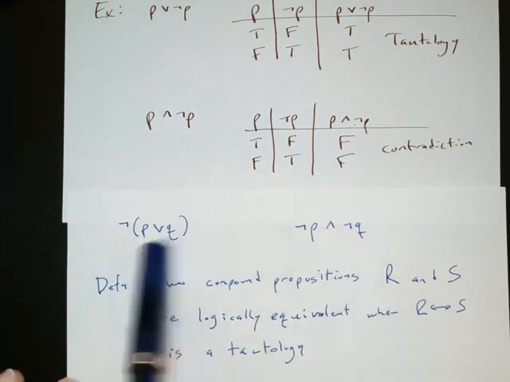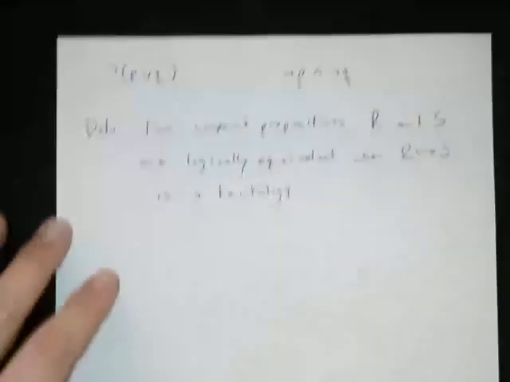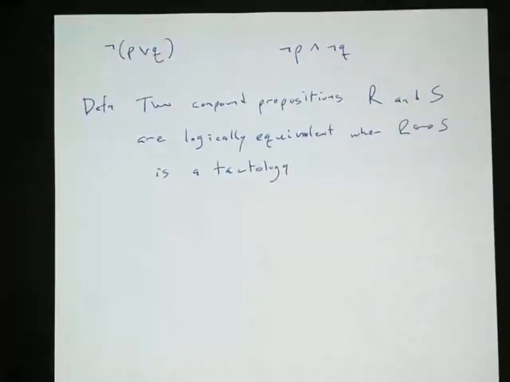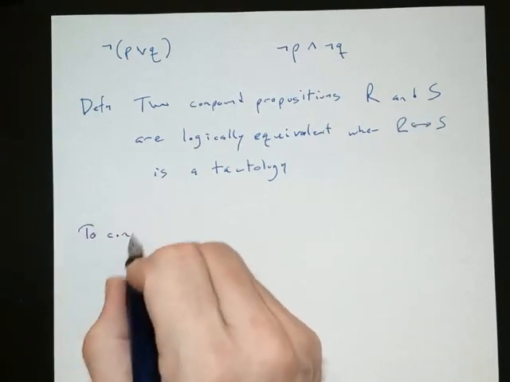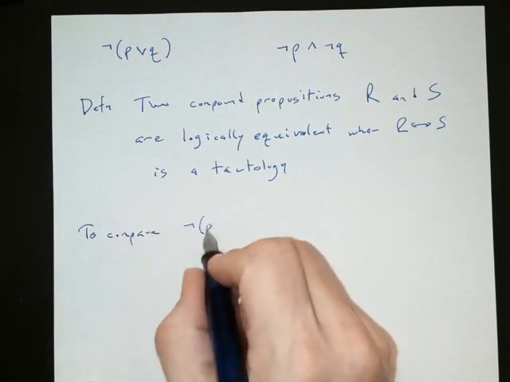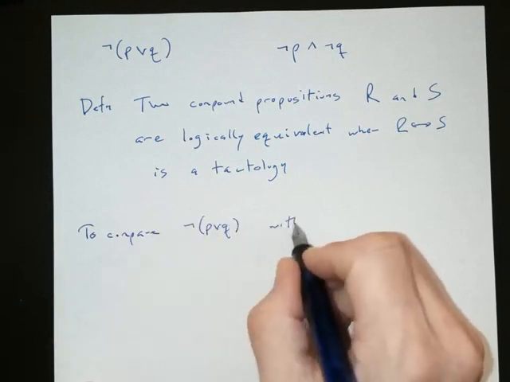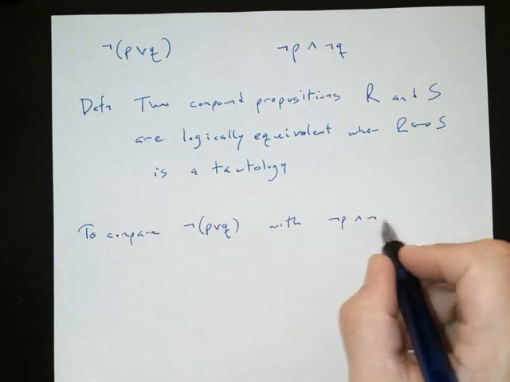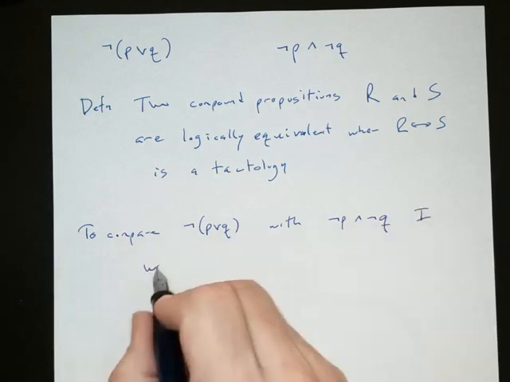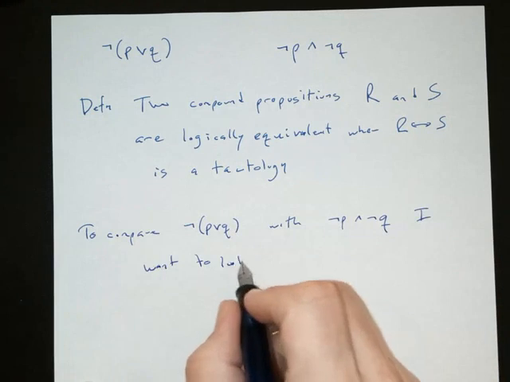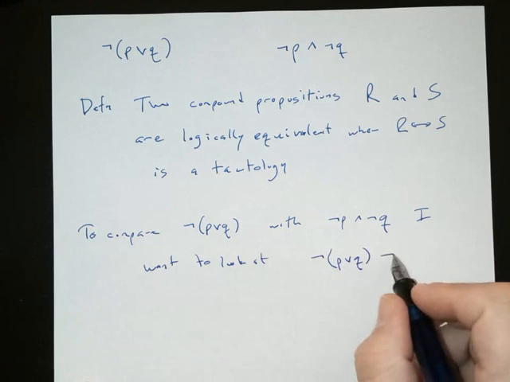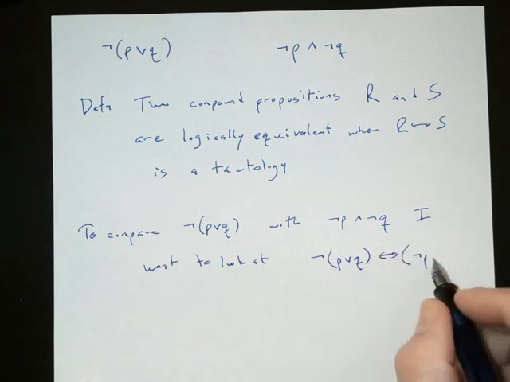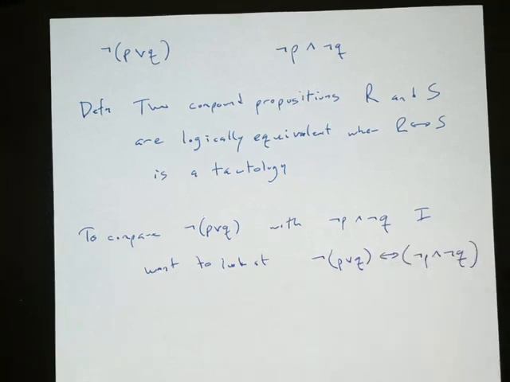So if I want to compare these two things that are written at the top of my page, call the one on the left R, call the one on the right S, what I really want to look at statement looks like this.